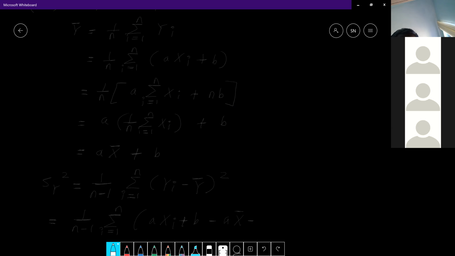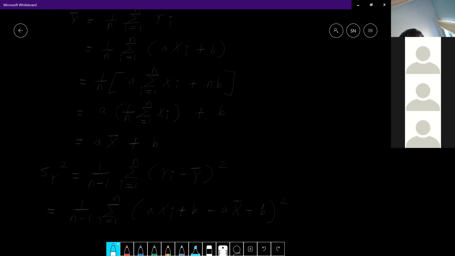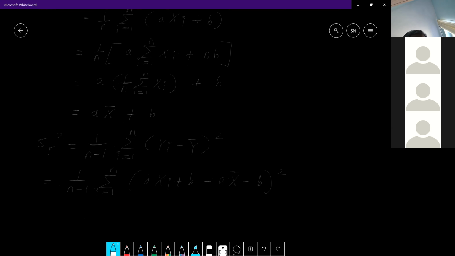So when you take the minus, it becomes minus a x bar minus b. All right, so the b and the b cancel, so you get 1 over n minus 1 times the sum of a squared times xi minus x bar squared, right?